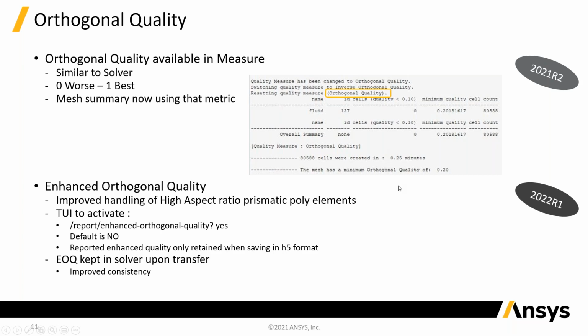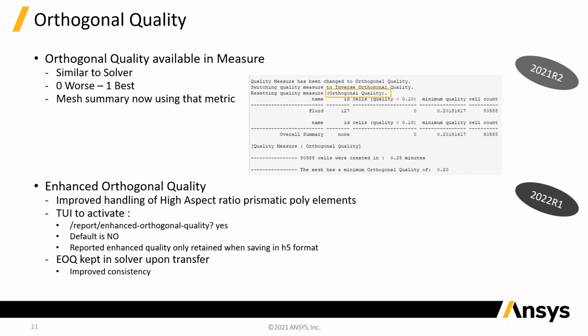Even with a good orthogonal quality, though, you can still run into problems because there are some sorts of cells that orthogonal quality doesn't capture that are bad. So there's a new definition called enhanced orthogonal quality. So it's good because it handles high aspect ratio prismatic polyelements.